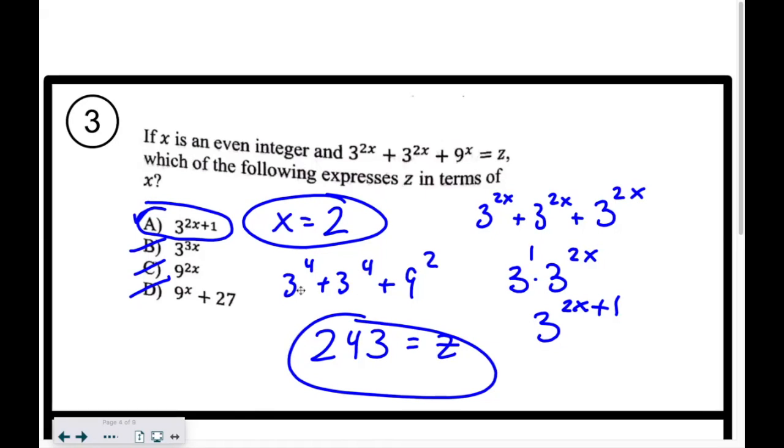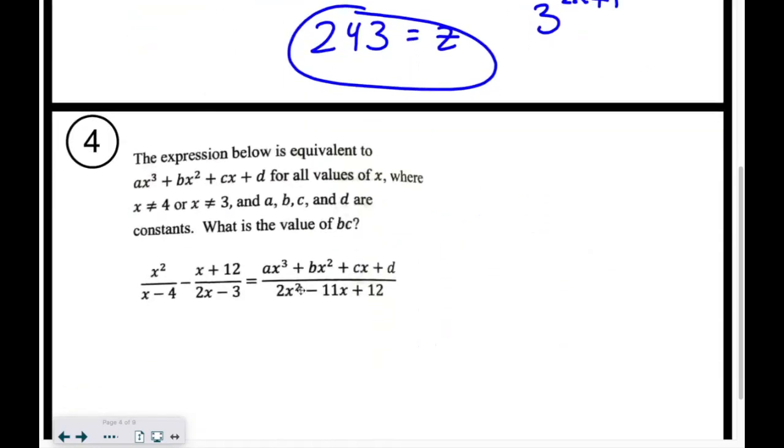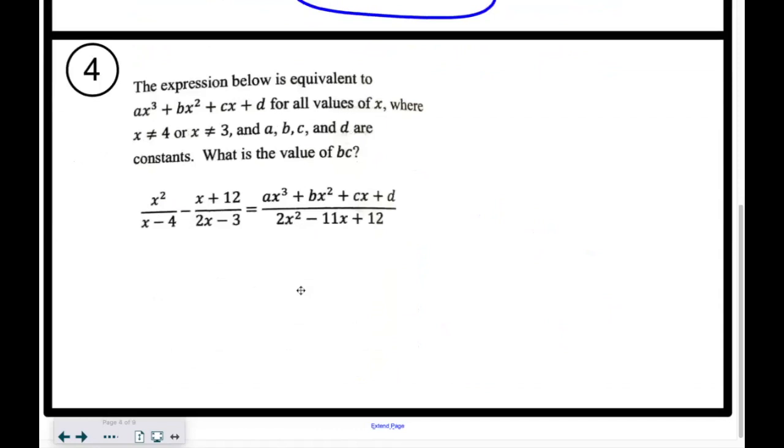Okay, let's move on to number 4. So number 4, we got a nice old equivalent expression. So what I'm going to do here is look for the value of BC. All right, so the way this one is going to work is I am going to end up realizing that in order to subtract these, I need a common denominator, and these don't have anything in common.